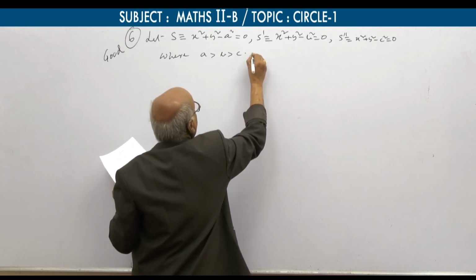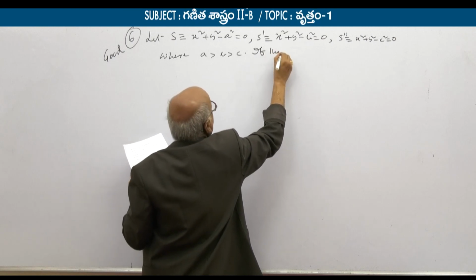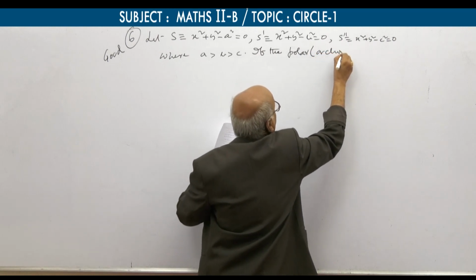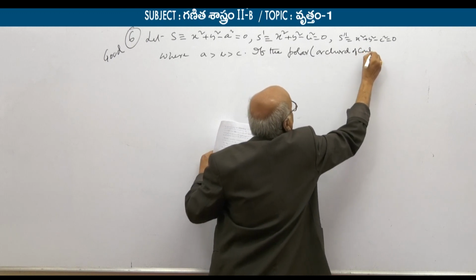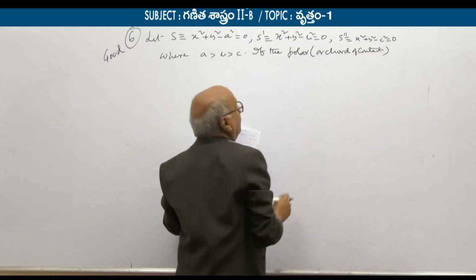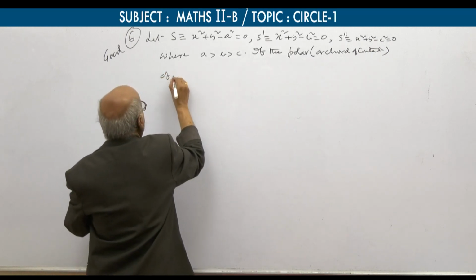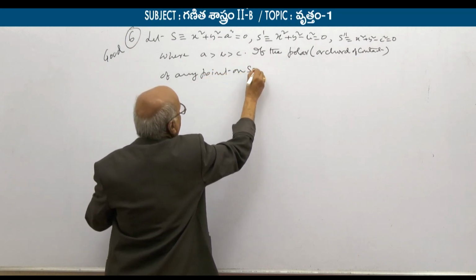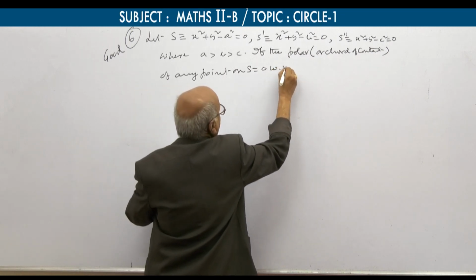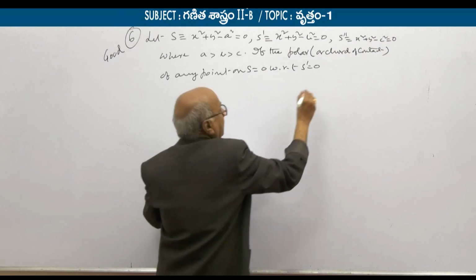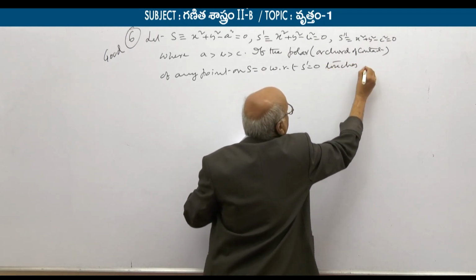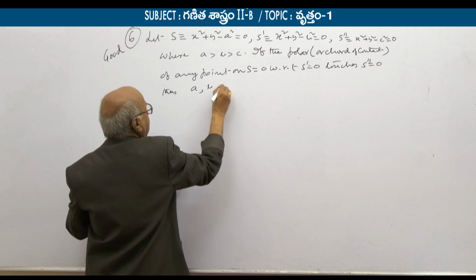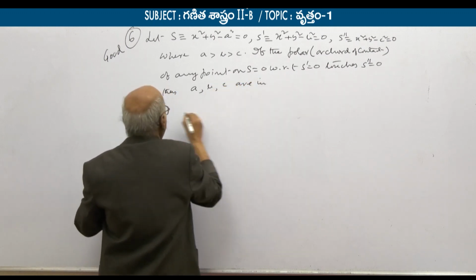Now, if the polar or chord of contact, I am writing, both are the same, of any point on S equal to 0 with respect to S dash equal to 0 touches S double dash equal to 0, then a, b, c are in 1.